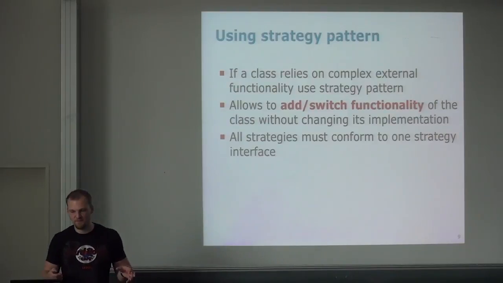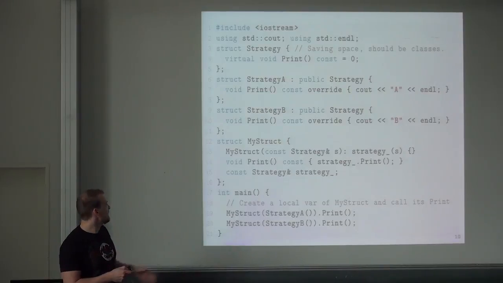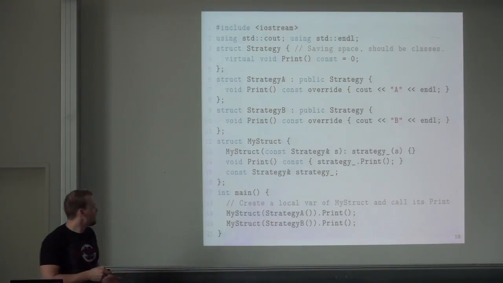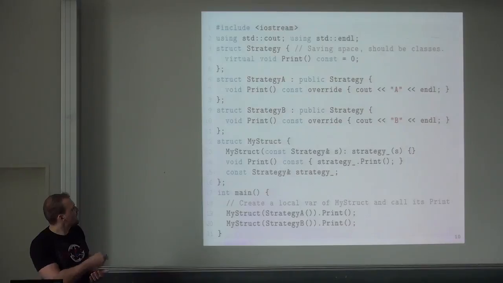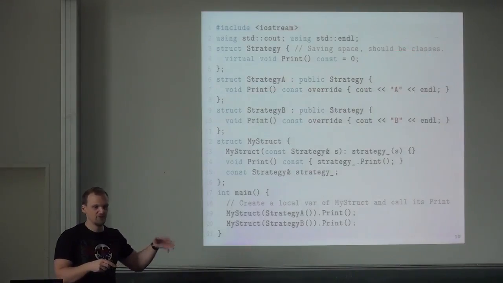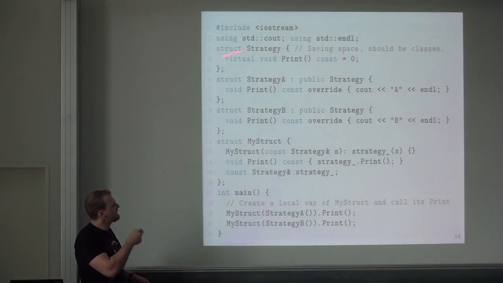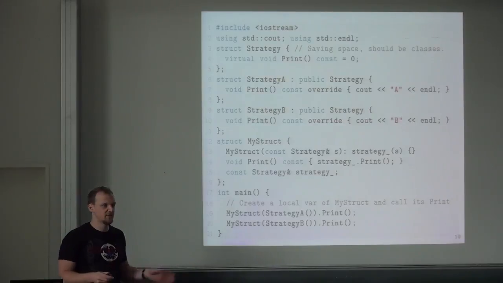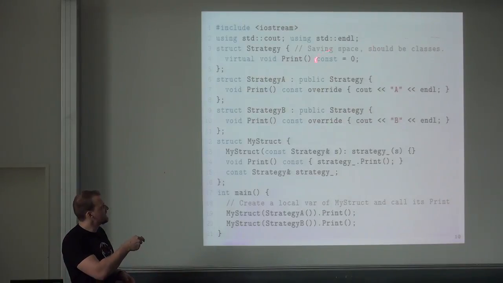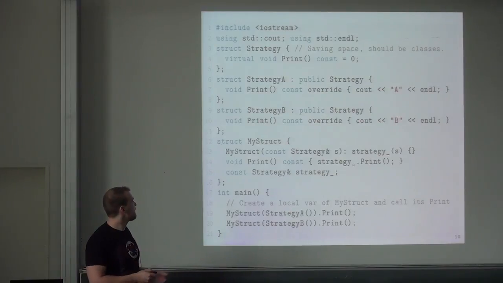So let's do a small example. Let's say I have an interface strategy. Again, I will use structs here, just to avoid always writing public everywhere. I will still use the print example. So it uses this print function, and it says that it's a pure virtual function print.